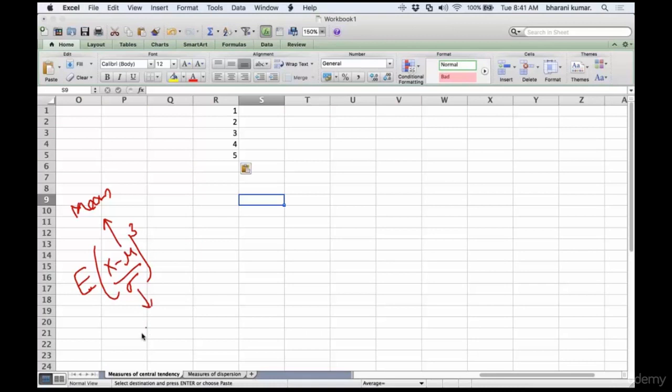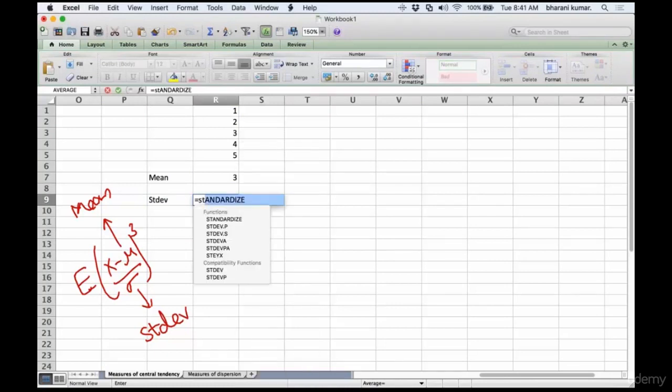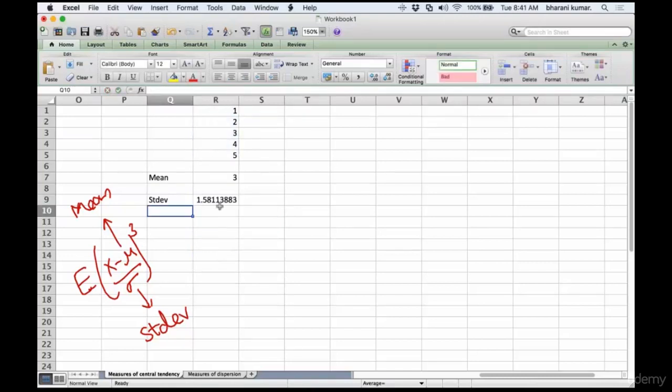Sigma is your standard deviation. So you need to calculate the mean or average. Average happens to be, for this data set, 3, and then you also need to calculate standard deviation. I'll use the normal formula, it is going to be 1.58.